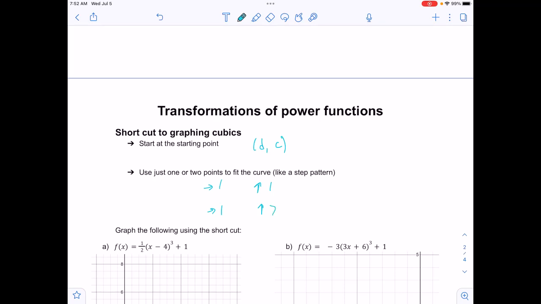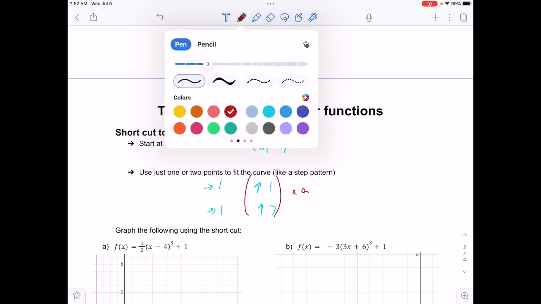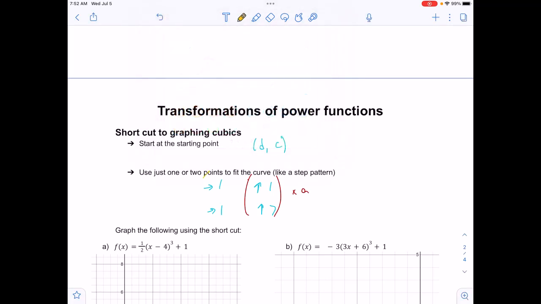And if there are any transformations, we are going to need to multiply them. So for example, with our vertical, I'm going to need to multiply it by a. And for our horizontal, which is our x value here, I would need to divide by k. Remember, I need to do the opposite because it's inside the brackets.